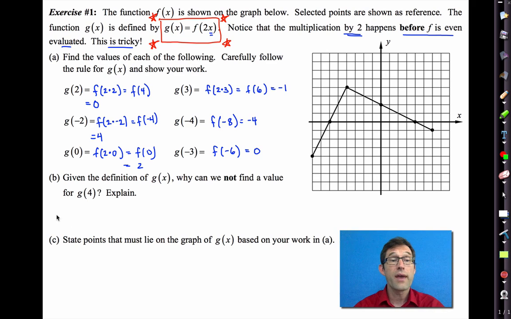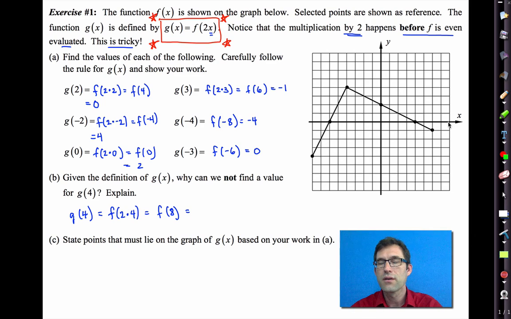All right. Well, again, as I've mentioned in a previous lesson, if they say why can't you find it, try to find it. Something will get in your way. So g of 4, using that formula, is f of 2 times 4. And that's f of 8. Well, okay. 1, 2, 3, 4, 5, 6, 7. Oh. I can't do that.